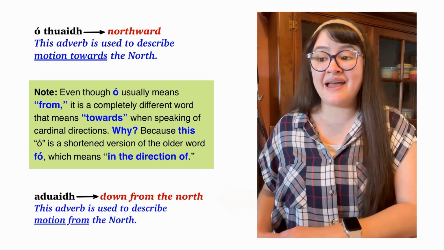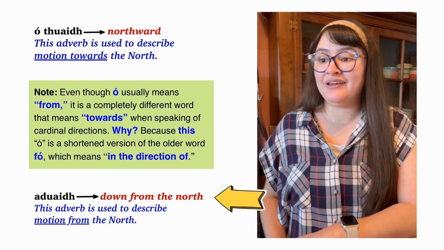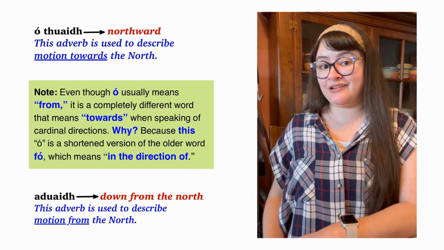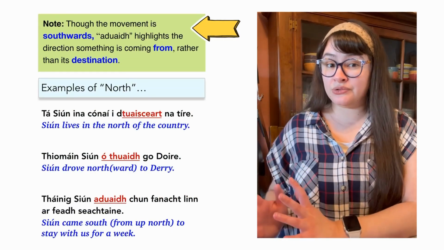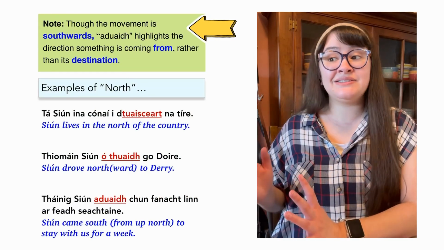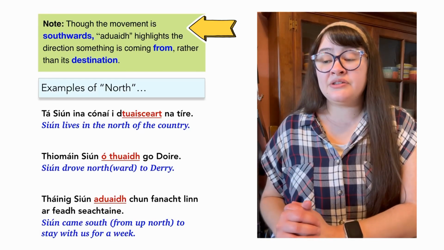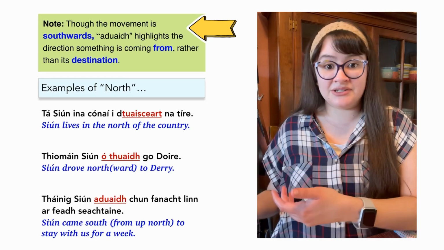And last we have adue, which means down from the north. This adverb is used to describe motion from the north. Now, a quick note before we get into our examples. Note, though the movement is technically southwards, adue highlights the direction something is coming from rather than its destination.